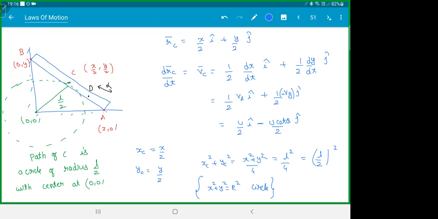Any ideas? So assume A's coordinate is x and B's coordinate is y. From there you find D's coordinates.